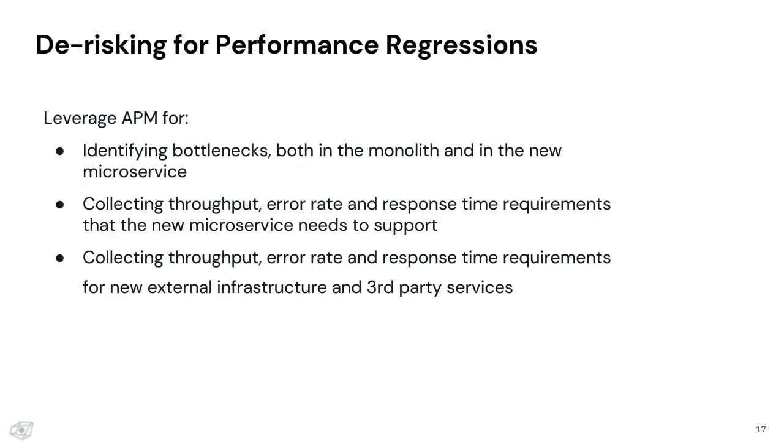So de-risking for performance regressions. Again, observability is really helpful for these kinds of things, identifying bottlenecks. So we want to identify bottlenecks in the monolith that we want to fix in the microservice. How do we do that? This is where keeping track of where time is being spent in your monolith can be really useful. And you do that using things like tracing because they show you where the complexity is being spent and what the critical factor is that is causing your request to take long, for example.